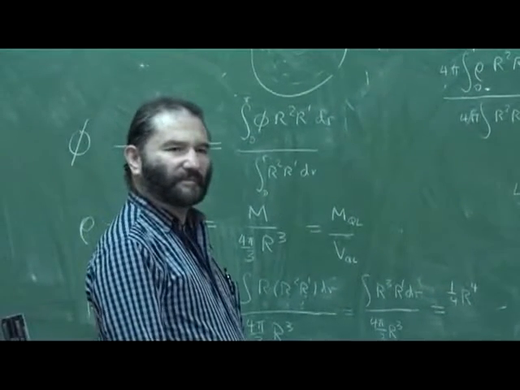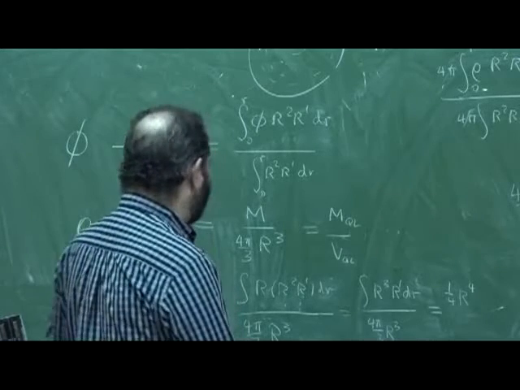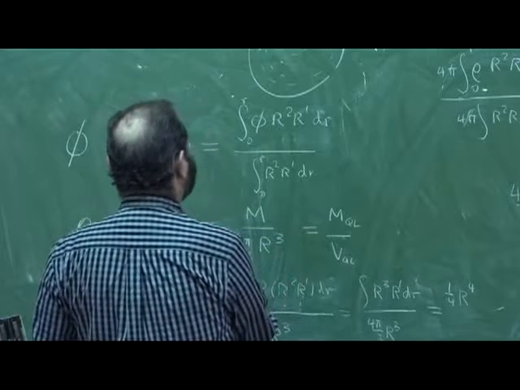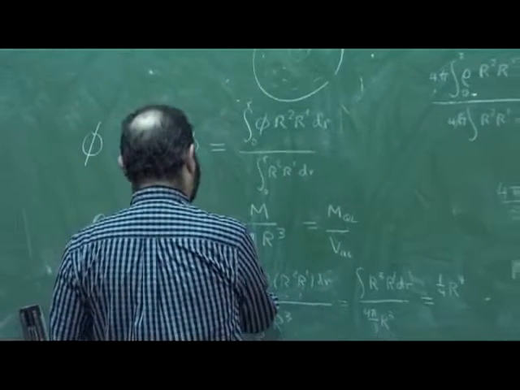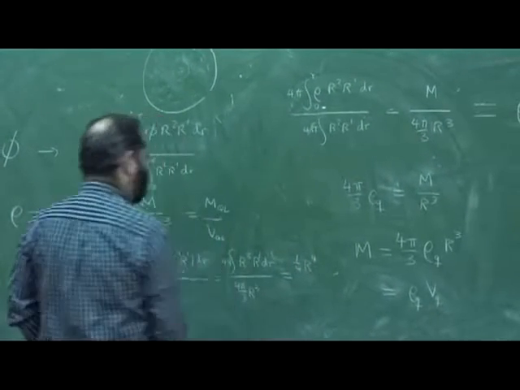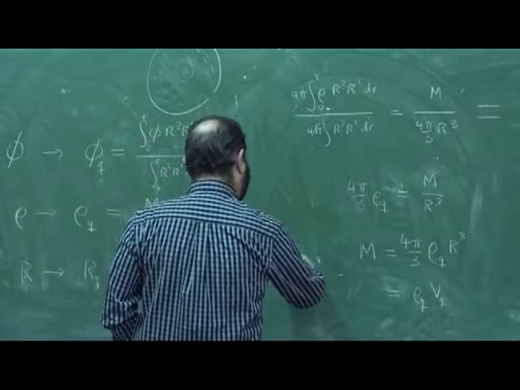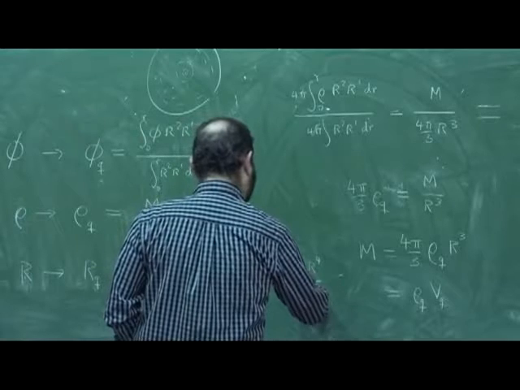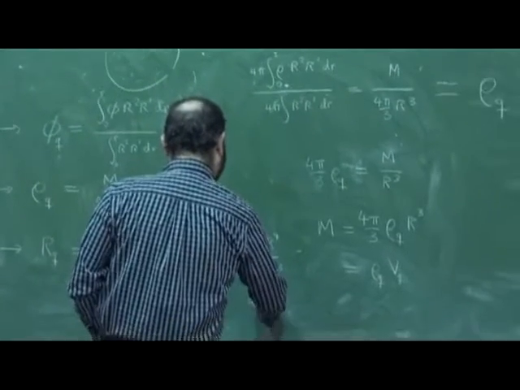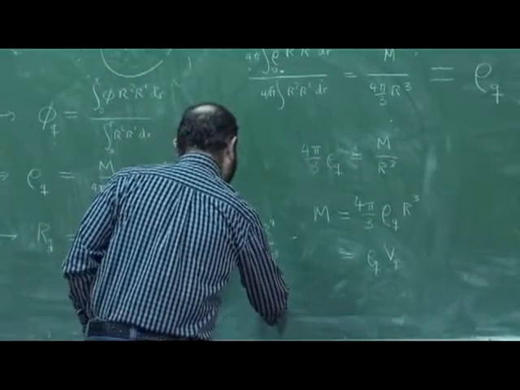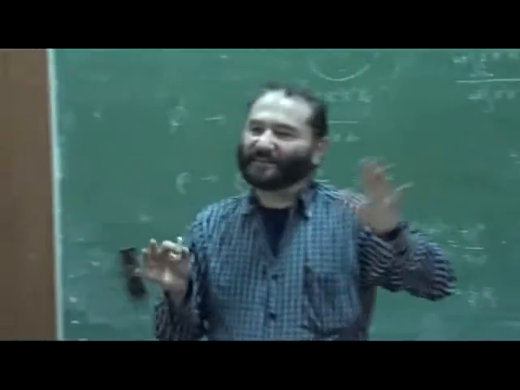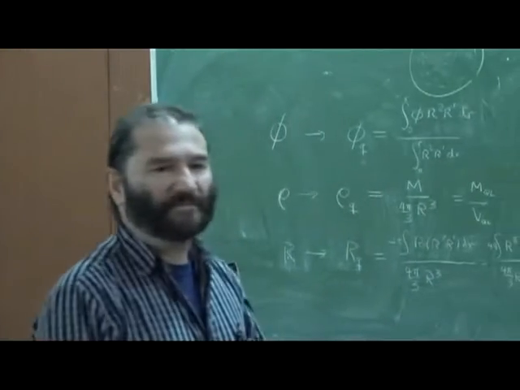You have to multiply 4 pi in the numerator also. So this is 4 pi over 3 R cubed, and this gives 3/4 R. Maybe that's not useful, but it can be done.